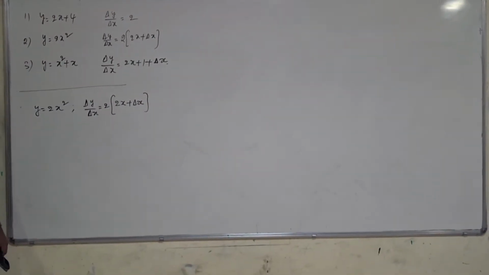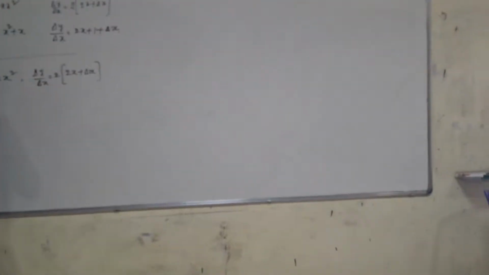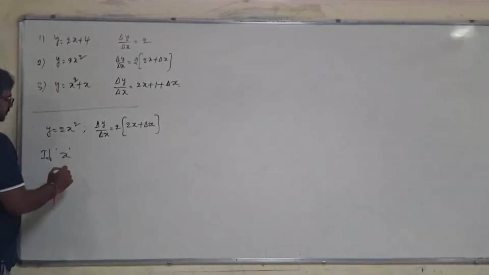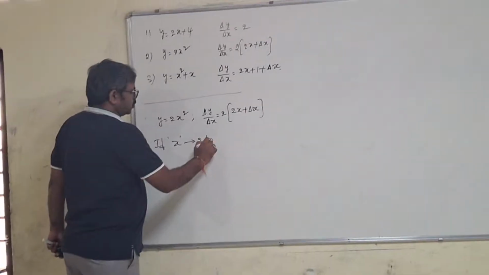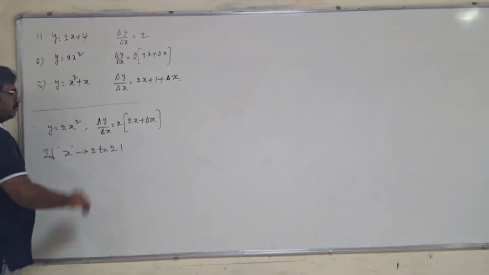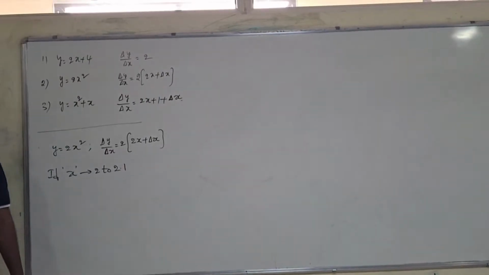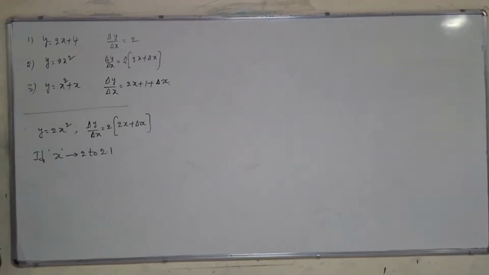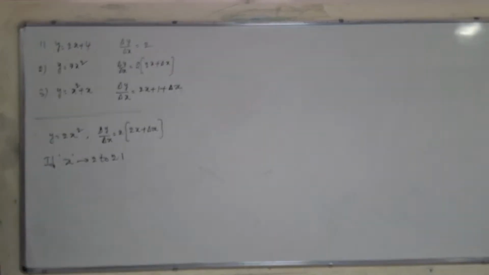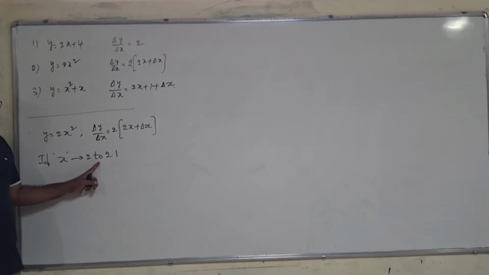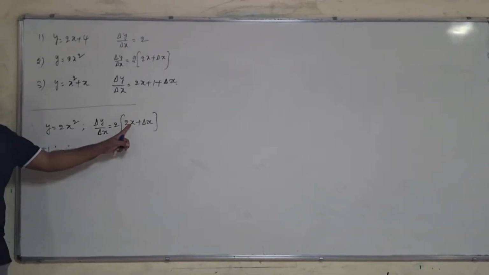This is what we have. If x changes from say 2 to 2.1, what will you get delta y by delta x? What's the rate of change of y with respect to x when x changes from 2 to 2.1?